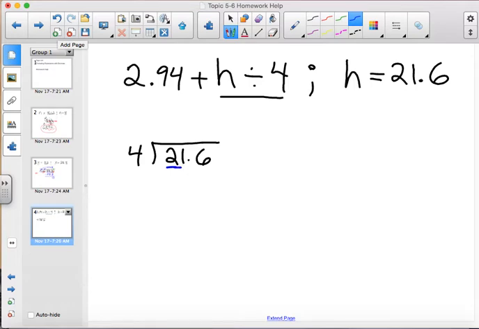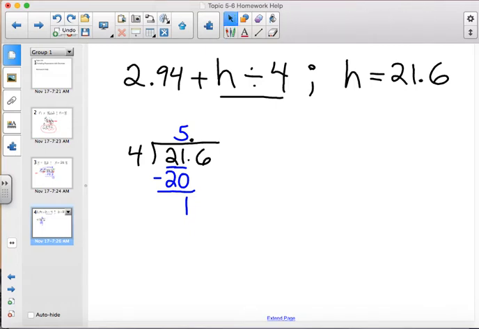Can't do it. Into 21, it will go a total of 5 times. 5 times 4 equals 20. Subtract, and you have a partial remainder of 1. Now our decimal point needs to go up. Bring down our 6.